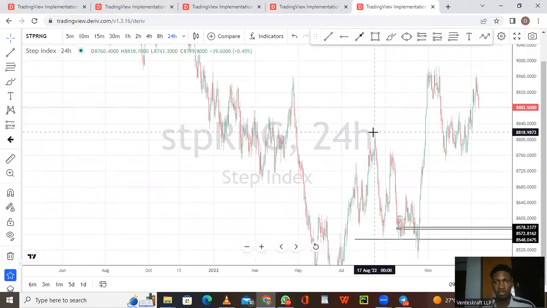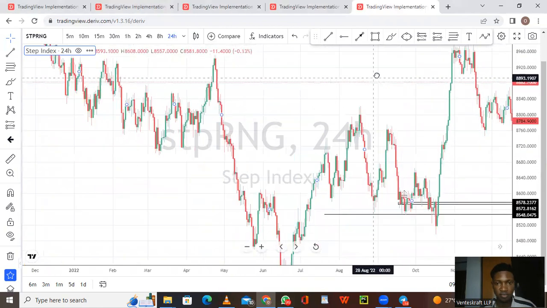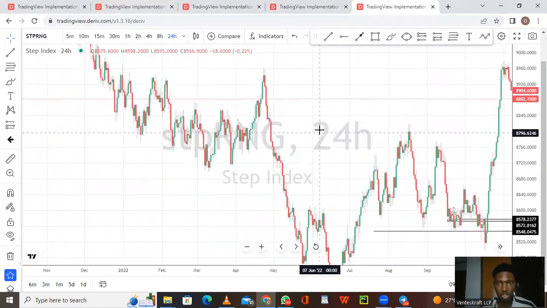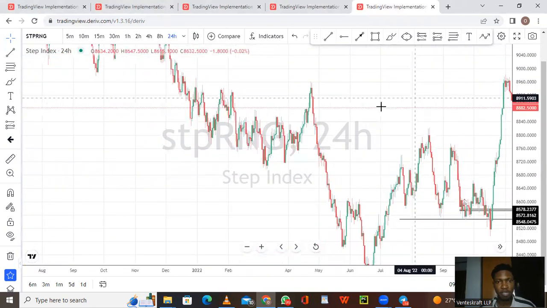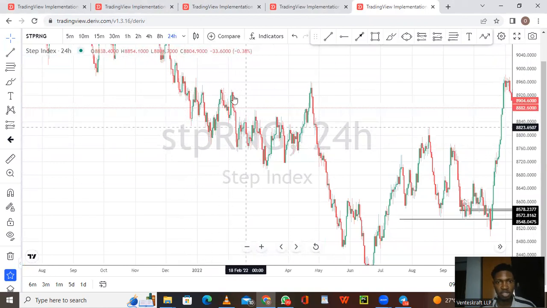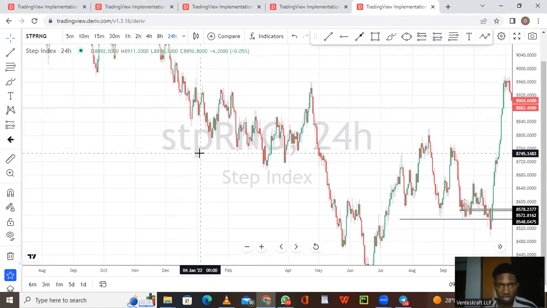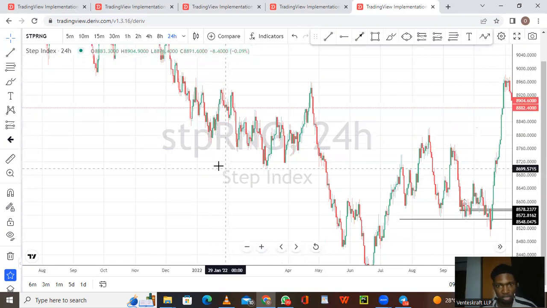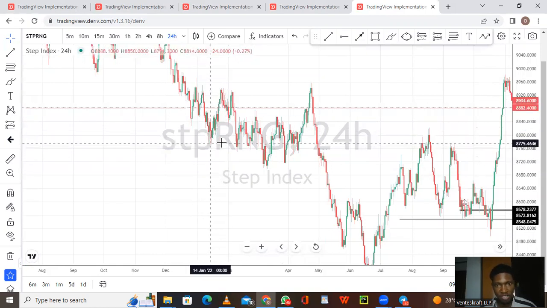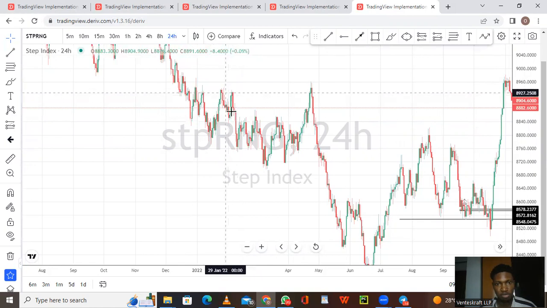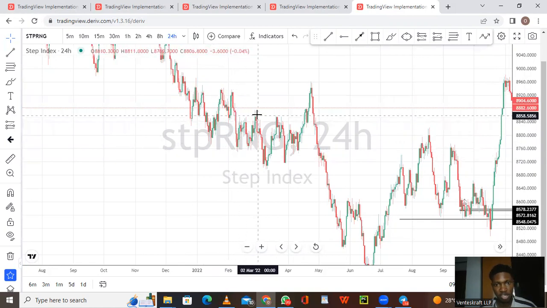If you look at it carefully from this region, the step index is bearish within this particular time frame. How do I know that it's bearish? There is a break of structure to the downside here, and a pullback. The market pushed to this place, then broke structure to the downside.